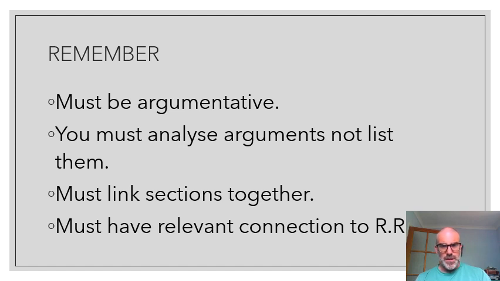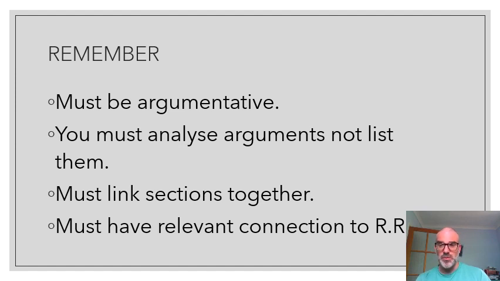So let's just have a look at this list of things to remember. So the discussion must be argumentative. I just cannot stress that enough. It should be an almost constant argumentative flow, because remember the fact that too many factual descriptions are done in the research review. As I was saying before, you've got to analyse the arguments of other scholars, not simply list them.